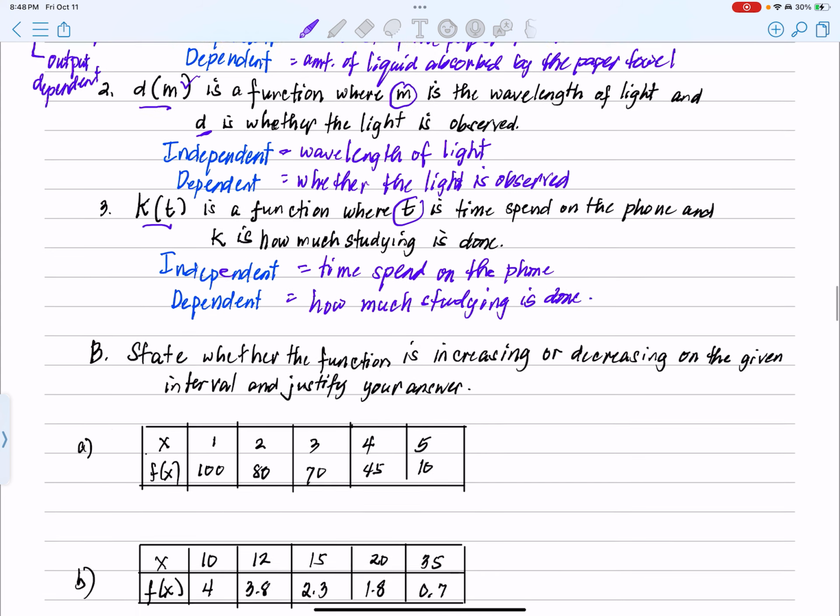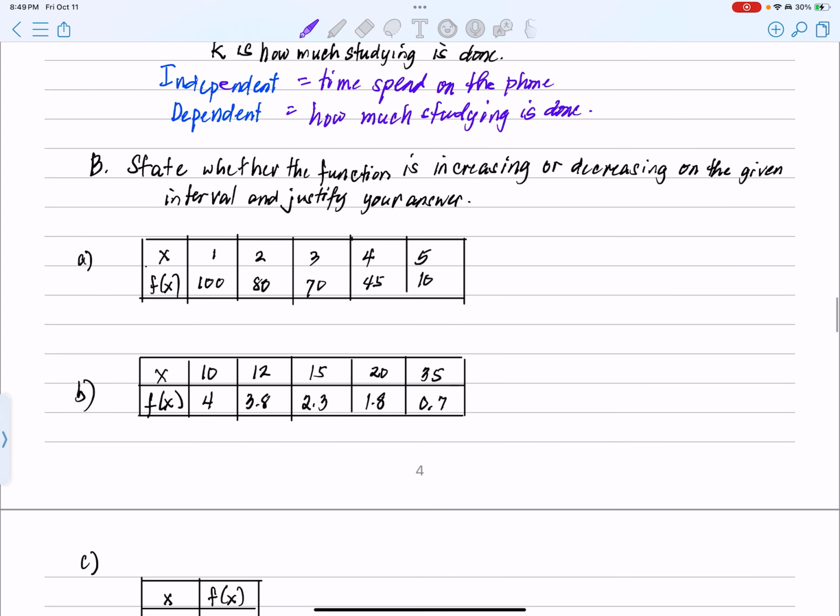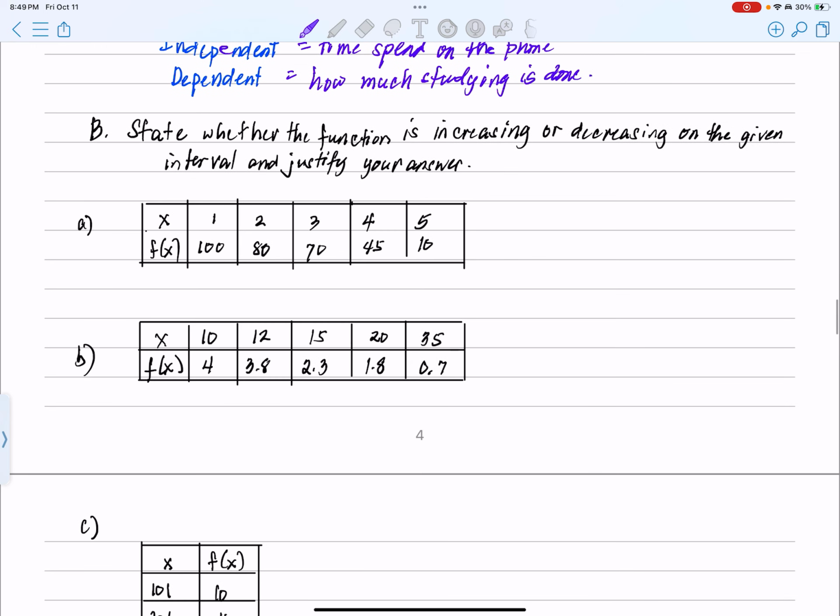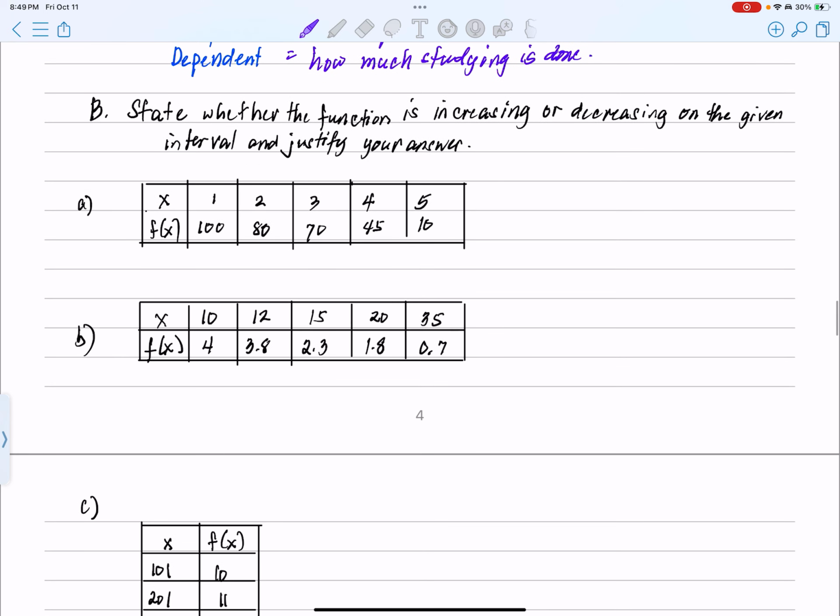Okay, let's go to another type of question. In B, state whether the function is increasing or decreasing on the given interval and justify your answer.